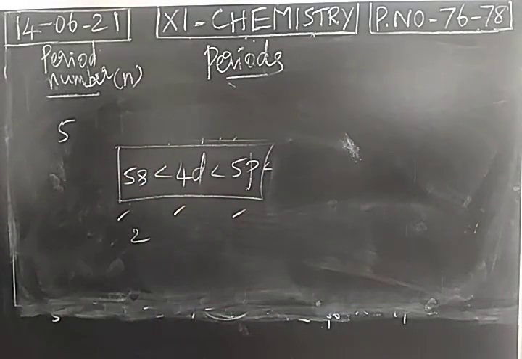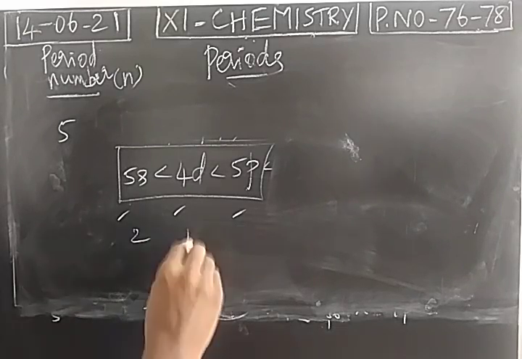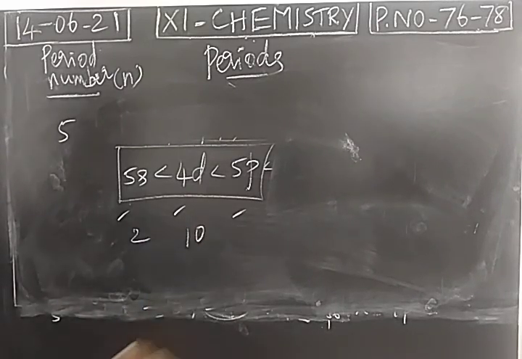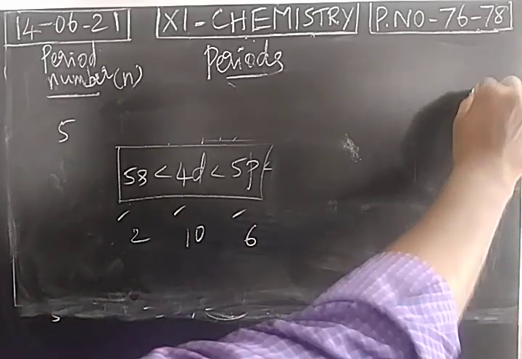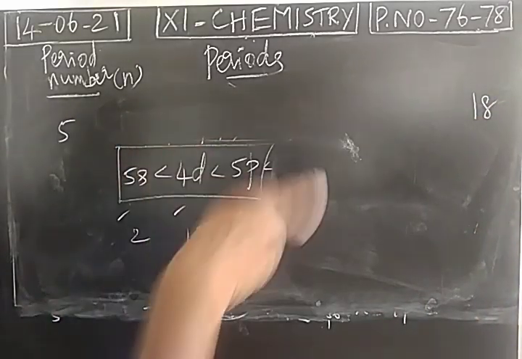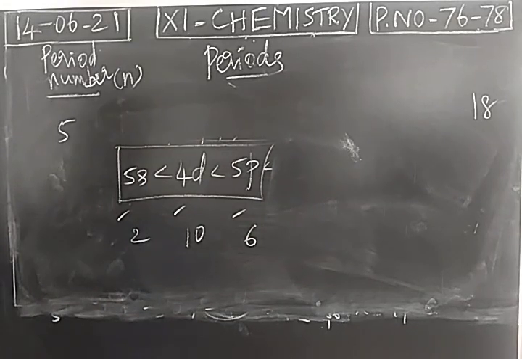So maximum 2 electrons will be present in s orbital, 10 electrons will be present in d orbital, 6 electrons will be present in p orbital. So number of electrons placed in all these orbitals will be 18. So number of elements in the fifth period will be 18.